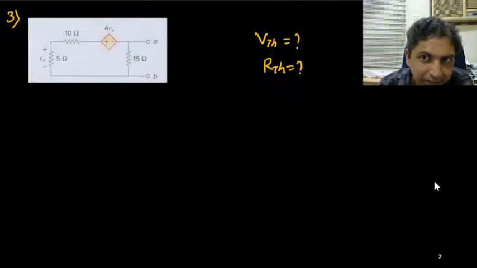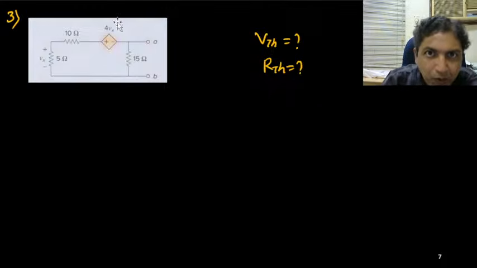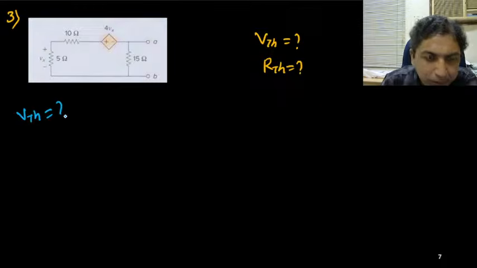Now can you let me know what is the VTH for this circuit?